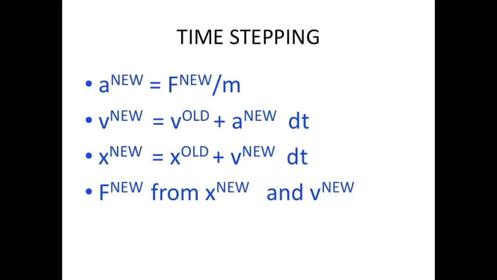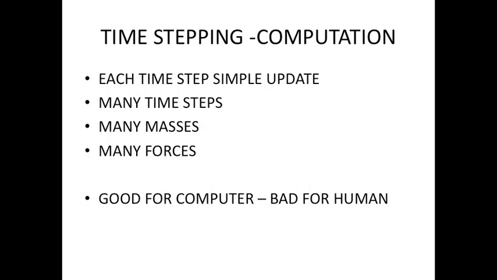We can now summarize time stepping in these formulas, with successive updates of force, acceleration, velocity, position, force, which is repeated with the chosen time step from a given initial position and velocity until the final position and velocity at the final time is reached. We notice the following features of time stepping.